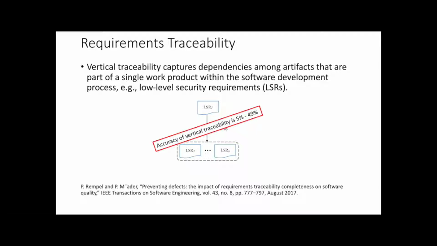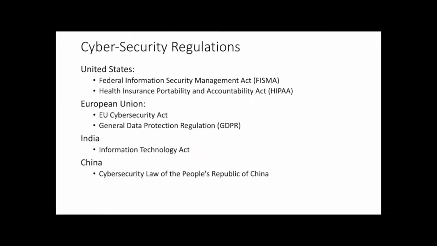The main reason is that the vertical traceability automation is based on TF-IDF. But the low-level security requirements, in many cases, even though they depend on each other, don't share too many terms. That's why it causes low accuracy of the automatic requirements tracing.